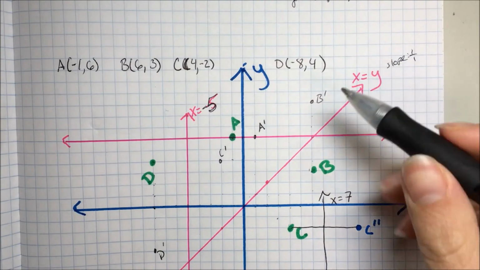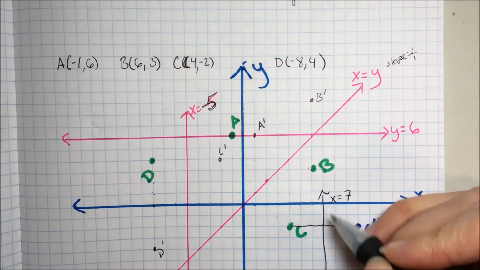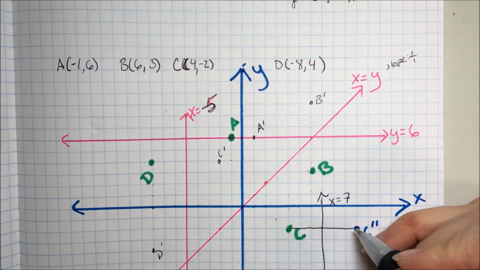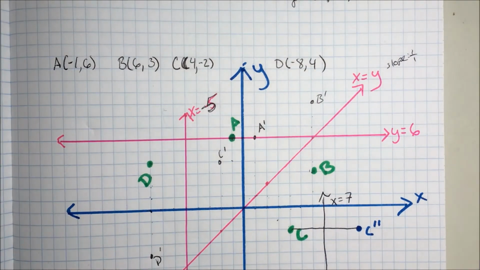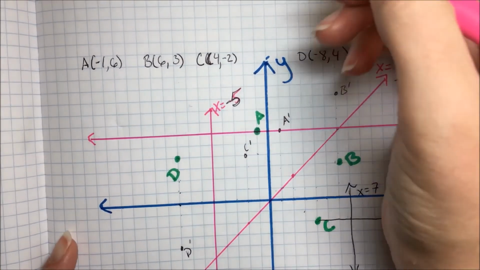So what we notice is the line of reflection is the perpendicular bisector of the segment connecting the image and the pre-image. That's something that we should make note of.